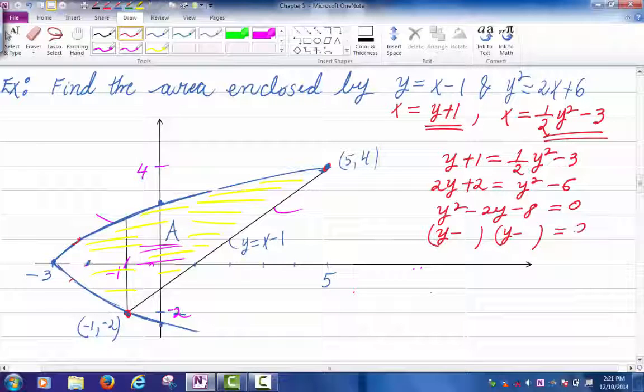Can you factor that out? What is that? So that's what we get. And then what are the values of y? 4 and negative 2. Then how do I find the corresponding x values?